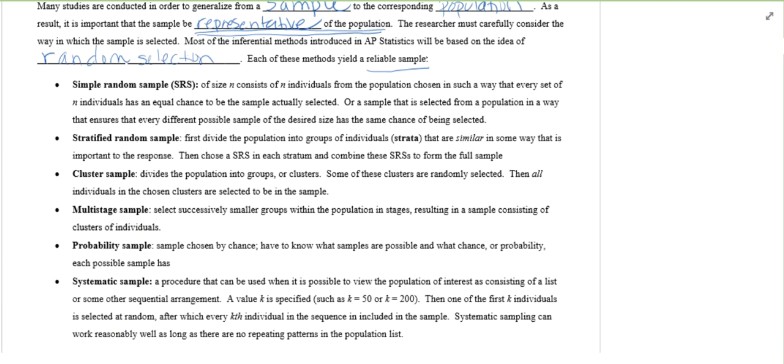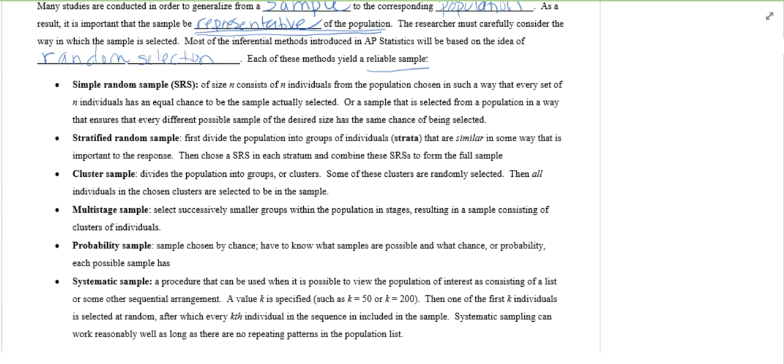Okay, the first one, simple random sample, we usually abbreviate that SRS, of size n, consists of n individuals from the population, chosen in such a way that each set of n individuals has an equal chance to be the sample actually selected. Or a sample that is selected from the population in a way that ensures that every different possible sample of the desired sample size has the same chance of being selected.